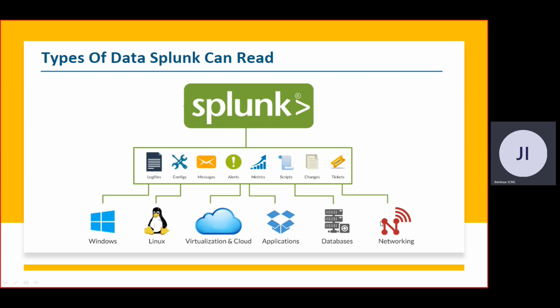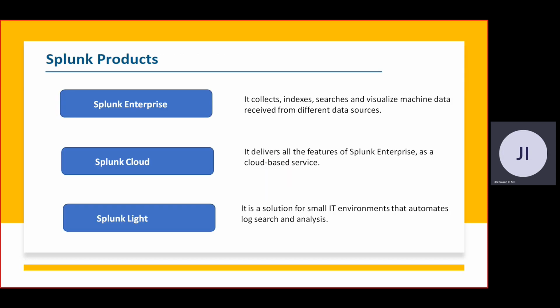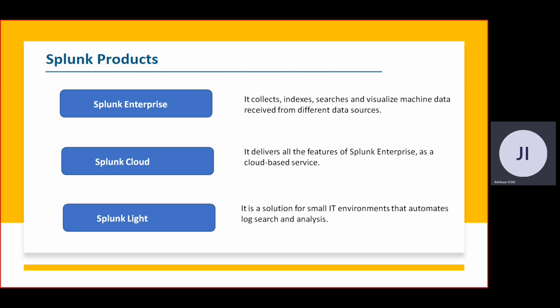All these machine data can be read and stored in Splunk. This is the biggest advantage of having Splunk in our organization, that it can read all types of data. And once we have the data, as I mentioned, we have to extract some knowledge out of it, and store it so that it can be used later.